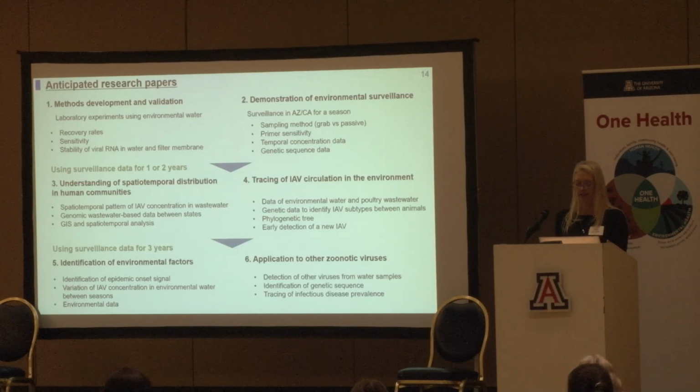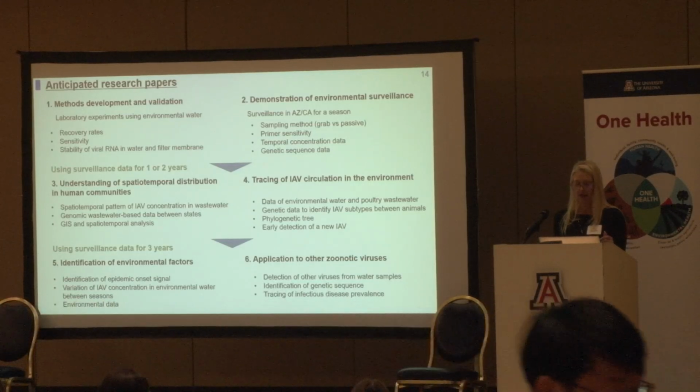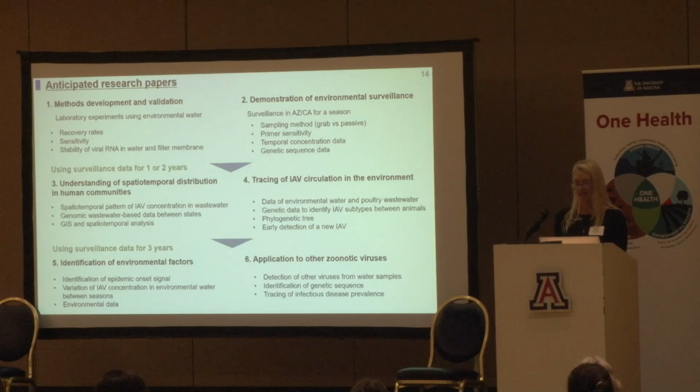Others are focused on surveillance data, the pilot data, looking at a small number of states, and then identifying additional environmental factors that may be different across different states in the U.S., but just demonstrating that this environmental surveillance and this One Health approach, looking at the environmental waters where the animals are, and also looking at different environments for different types of animal populations, and really tracking this phylogenetic tree where we can see where these patterns are, I think will be really helpful. And then again, applying this to other zoonotic viruses. So that's our approach. That's our goal for this project.